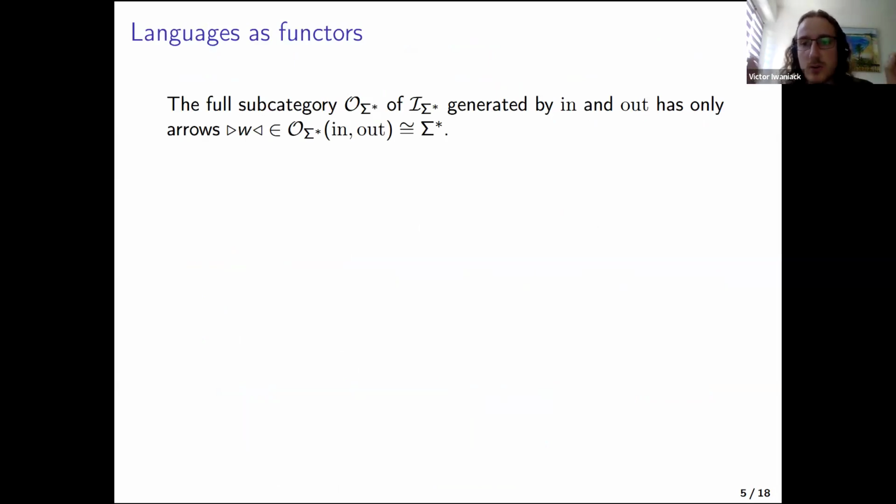Well, you take only the outside, the visible part of the I sigma star category, in and out. And if you take the full subcategory generated by those two objects, then you have a very simple category with two objects, only arrows from in to out, and each arrow corresponds to a word.